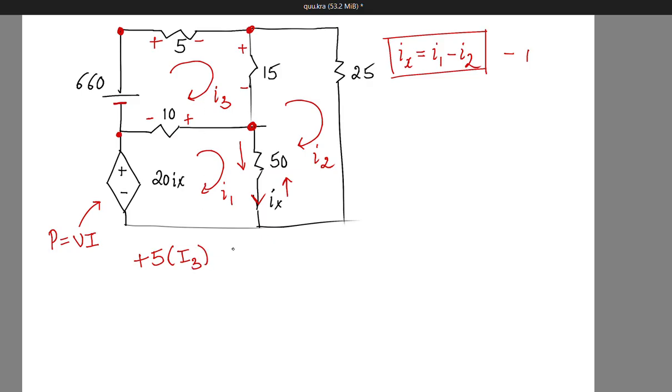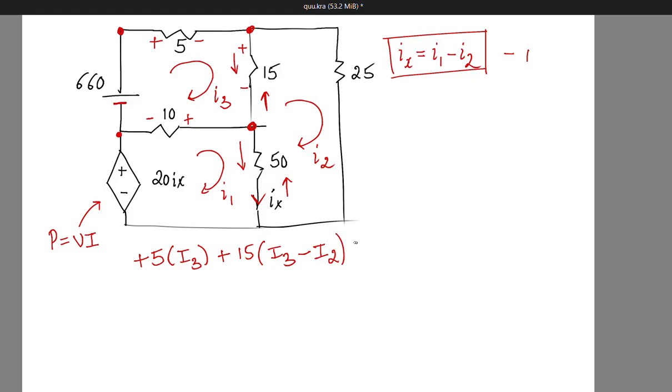Now it enters the positive side of the 15 ohm resistor, so that's 15, and I'm multiplying it with I3. The loop current should be considered first, and since the I2 current is going in the opposite direction to the I3 current, you subtract I2 here. And then we go with the last 10 ohm resistor.